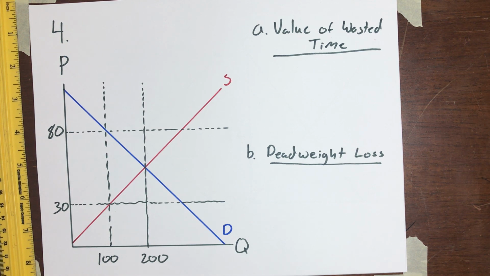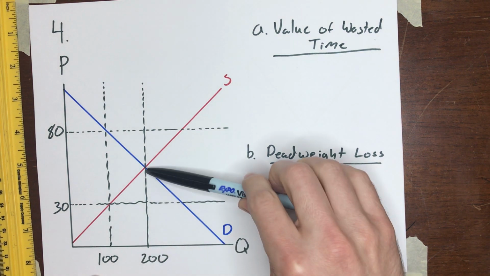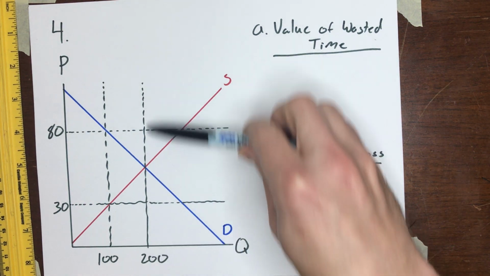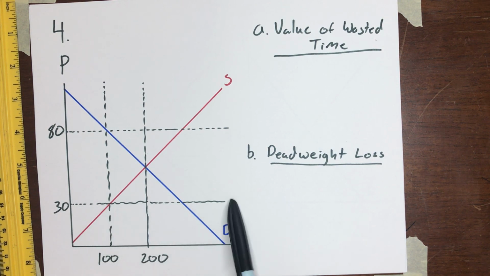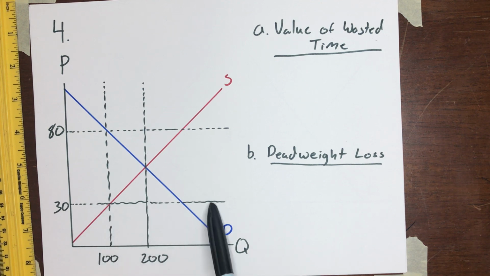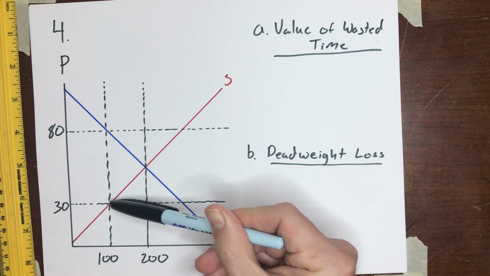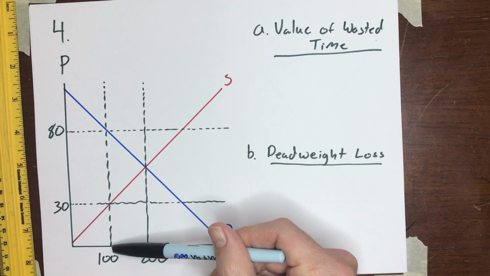All right, so I have reproduced the graph that they give you in the textbook, and what you can see is in equilibrium there would be 200 units that trade. We're not given the price, but as we'll see in part C, it doesn't really matter. And then there's a price control of $30. At that price controlled price at 30, that hits the supply curve at 100 units.